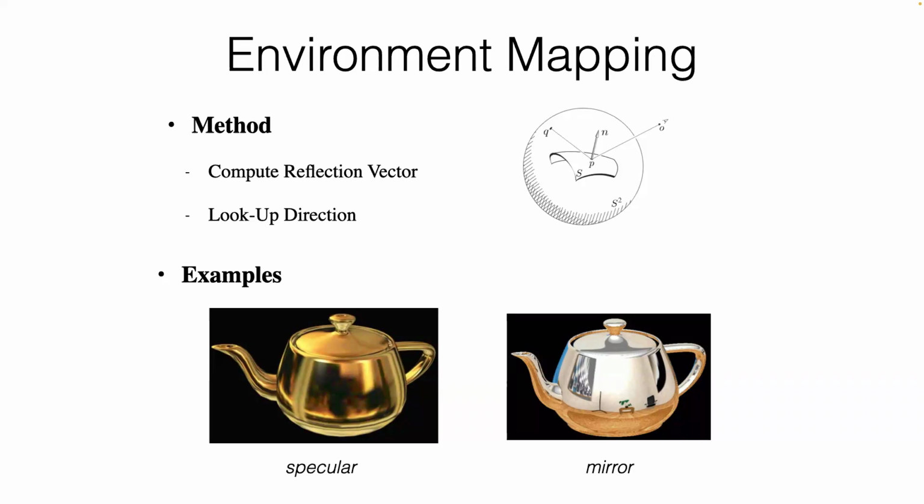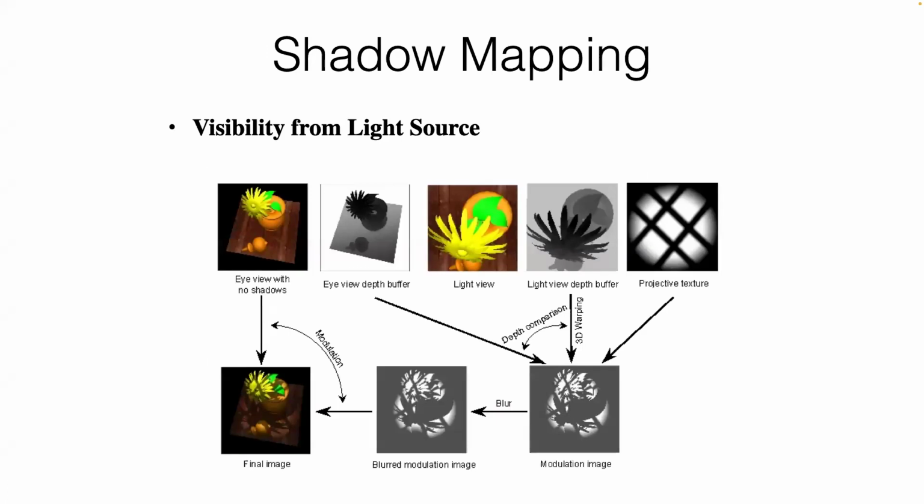It's very simple, because when you do this mapping, you compute the reflection vector, then you look up the direction in this environment map. And depending on how you model this, you can model a perfect mirror or a specular brass teapot or things like that, right?